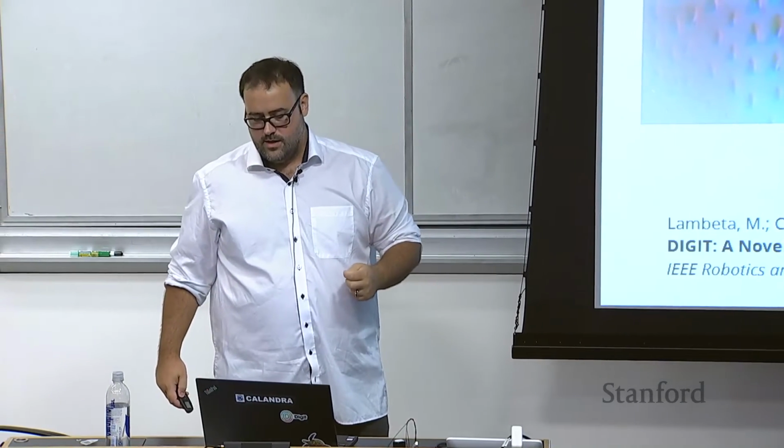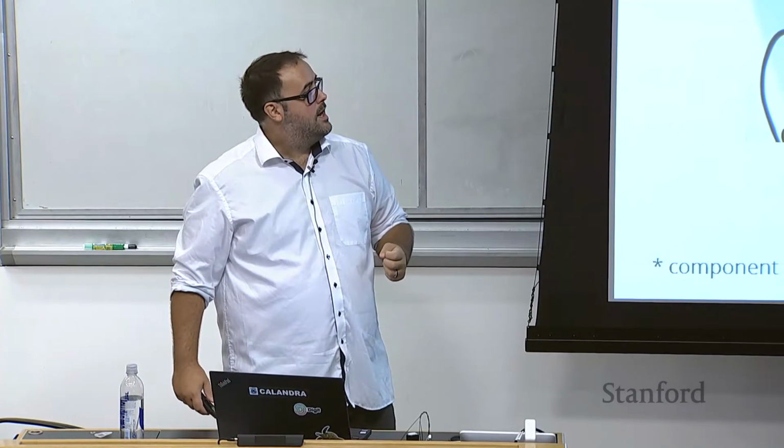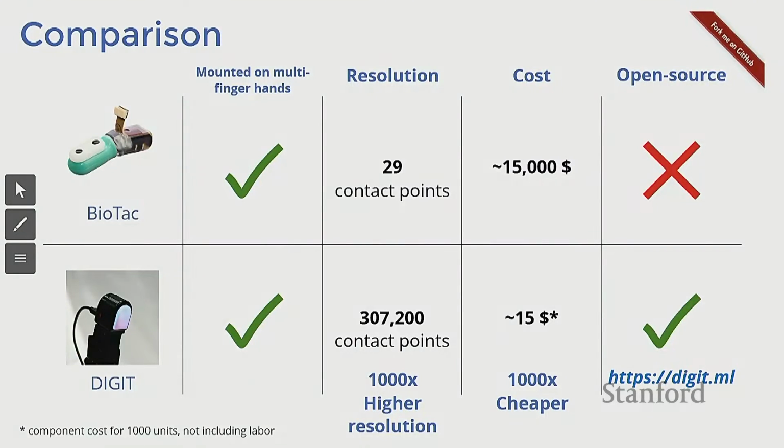Just to give a quick comparison against the leading commercial product, the BioTac and the DIGIT are both miniaturized sensors that can be mounted on a multi-finger robotic hand. But the BioTac has 19 or 24, depending on the model, points of contact.